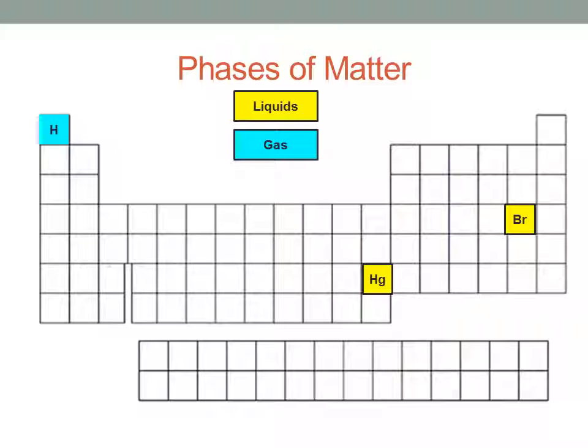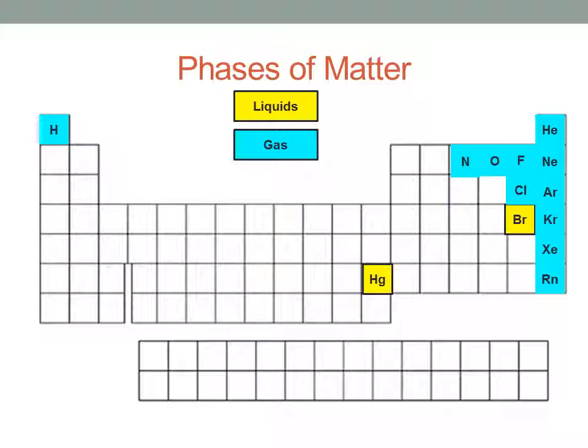The gases are hydrogen, nitrogen, oxygen, fluorine, chlorine, helium, neon, argon, krypton, xenon, and radon. The rest of the elements are solids at room temperature.